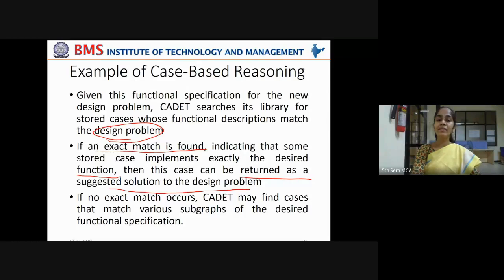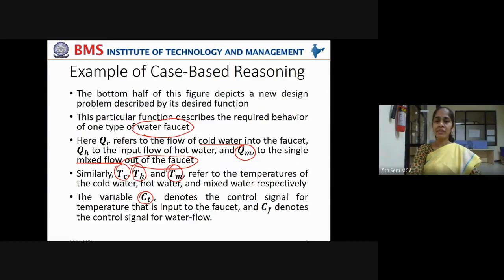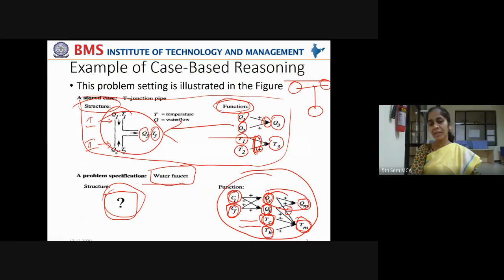If no exact match occurs, then what will happen? CADET may find cases that match various subgraphs of the desired functional specification. Say this part of the functionality matches an existing structure, so that structure is derived. Only this part of the functionality matches another structure, so that structure is also taken.